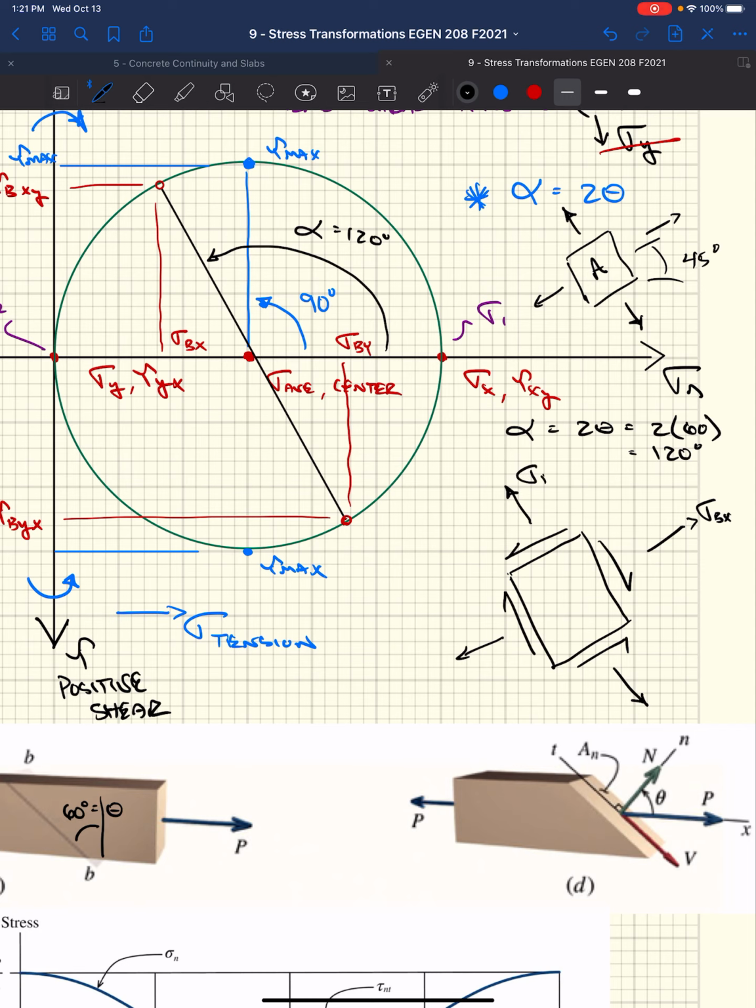We have our sigma by, tau byx. This is tau bxy, and this is oriented at 60 degrees. So we can really figure out what stress is at any orientation on any plane within our element by initially knowing an initial stress state. So we can plot it, create the circle, and we move on from there.